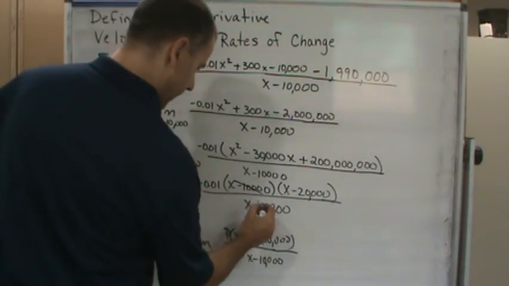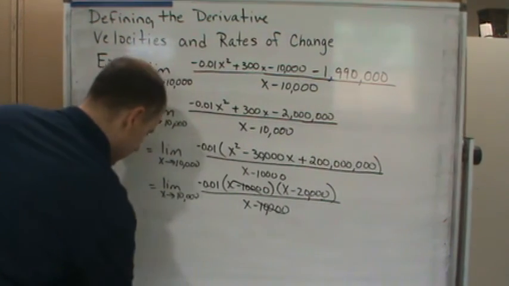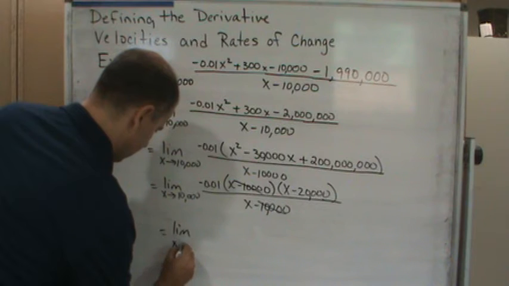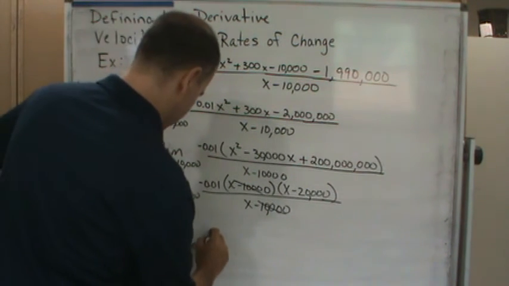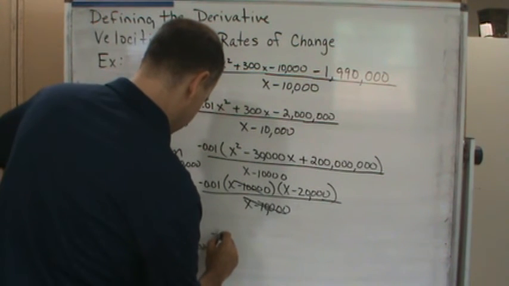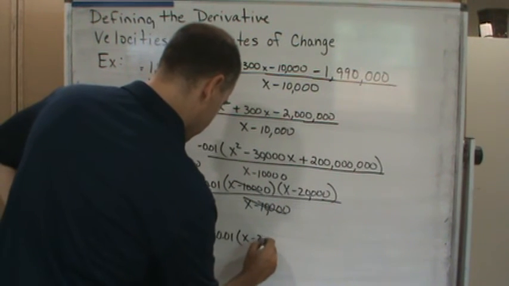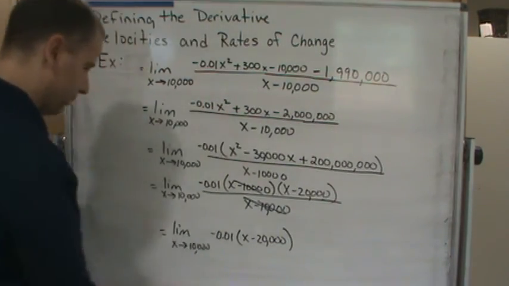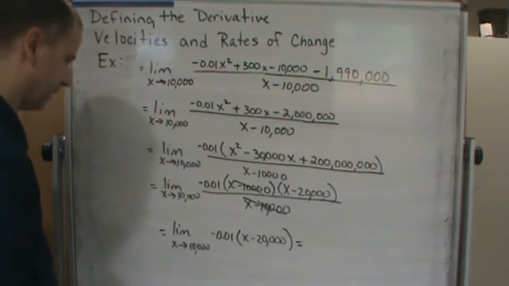And so this cancels with this. And we get the limit as x approaches 10,000 is negative 0.01 times x minus 20,000. And now, since this is continuous everywhere, we can just evaluate it by just plugging in 10,000.